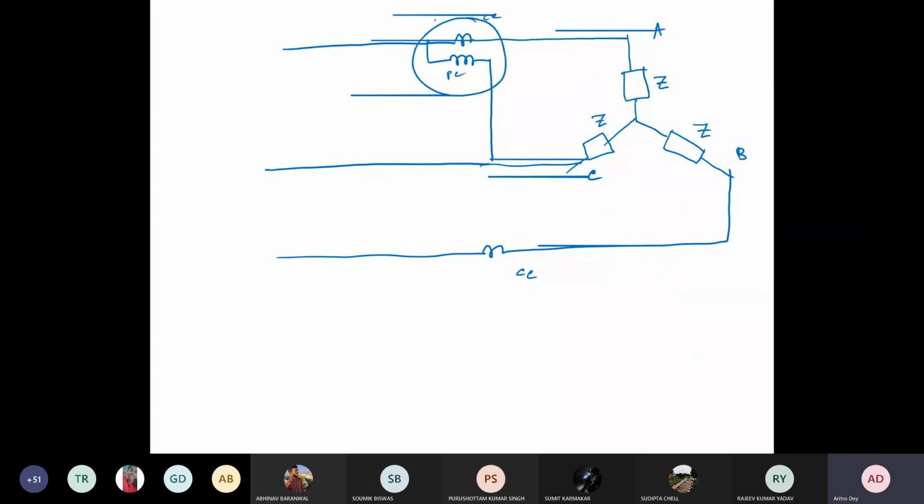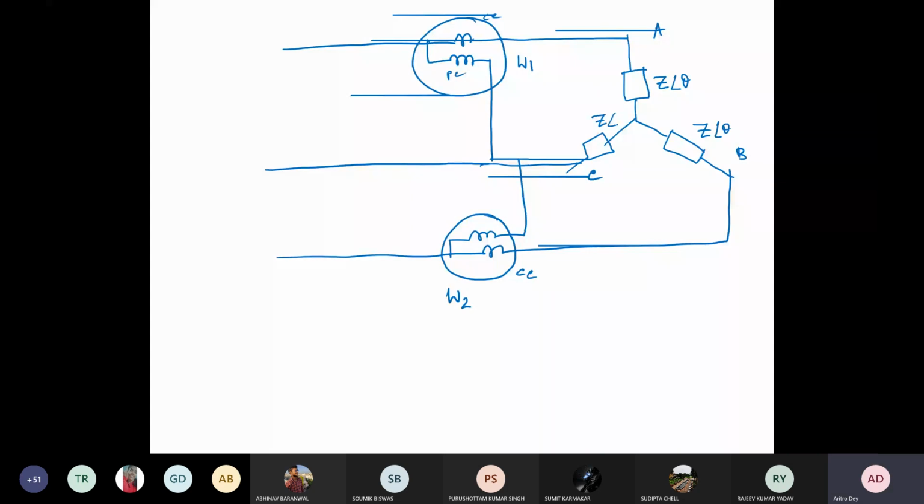This is your wattmeter 1, and here between B and C you connect your PC. This is your wattmeter 2. Then what will be the wattmeter reading, what are they actually measuring? Let's see. If we take the sum of these two wattmeters, we'll be able to find out your three phase load, where this is Z angle theta.